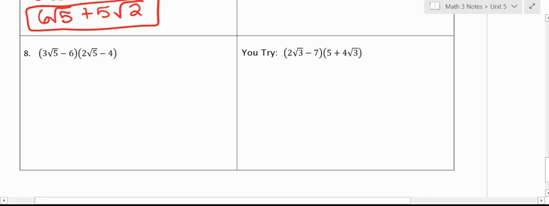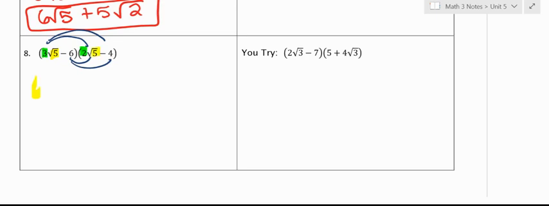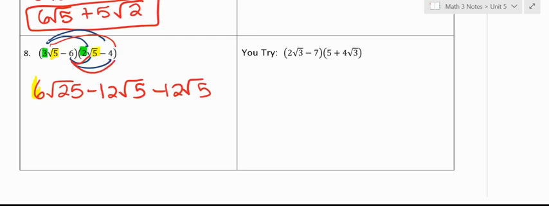And then finally for the last one, same thing. We're just going to do the distributive property. So what's outside the radical multiplies, what's inside multiplies. And so we would get 6 root 25. And then negative 12 root 5. And then plus 24.